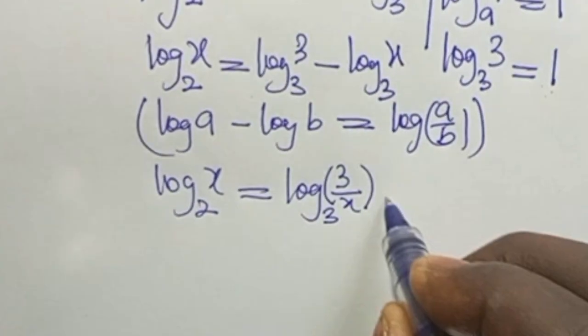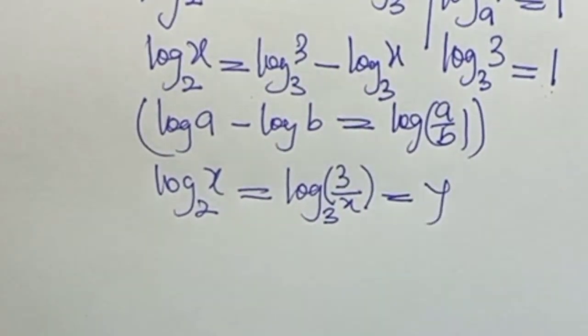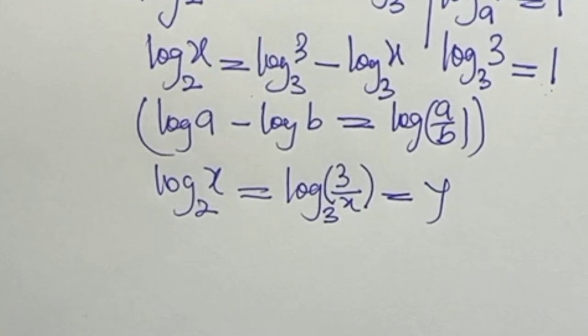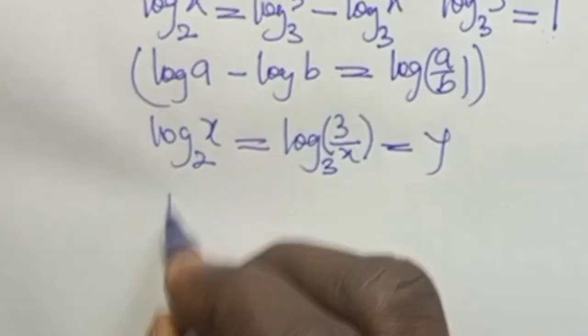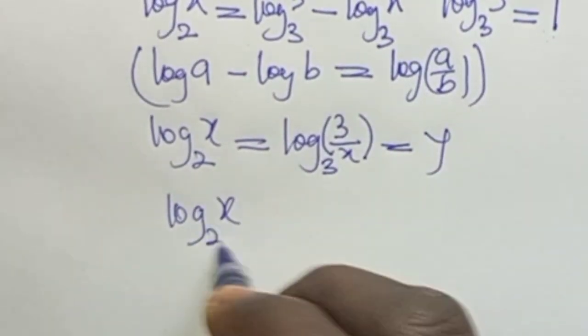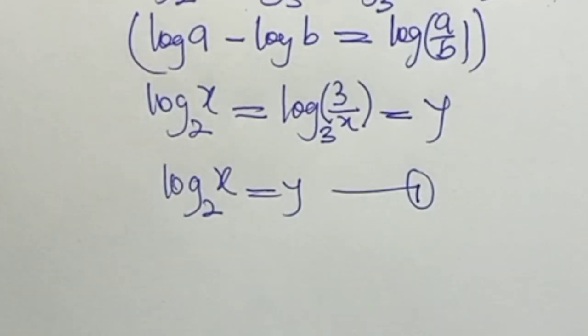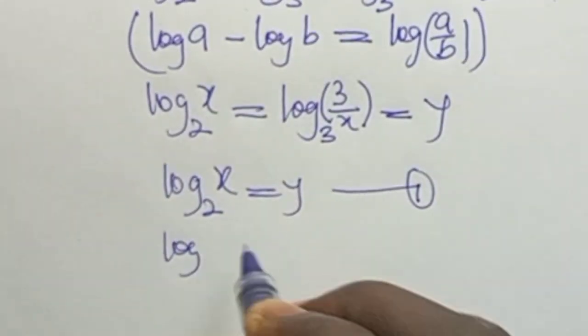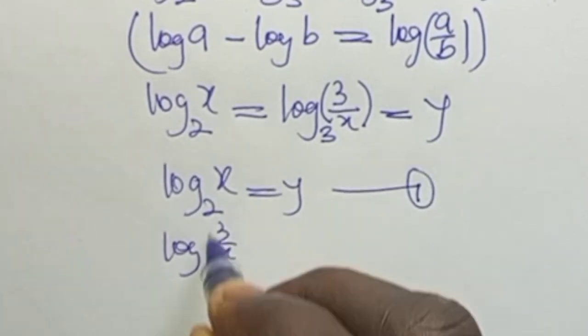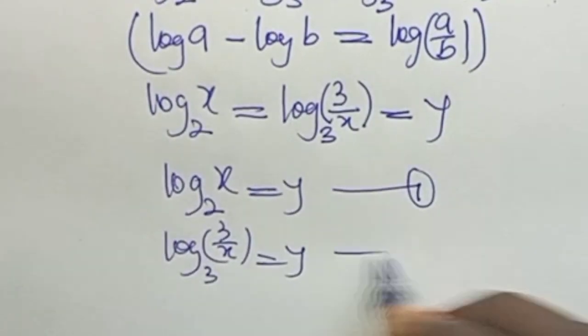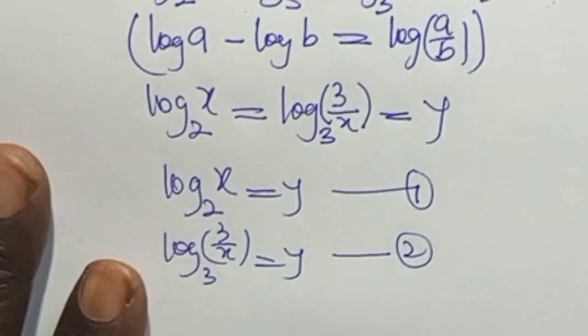So here we will say let it be equal to y. That is, let log x to base 2 equal to y, and we call this equation 1, and log 3 over x to base 3 equals to y, and let this be equation 2.